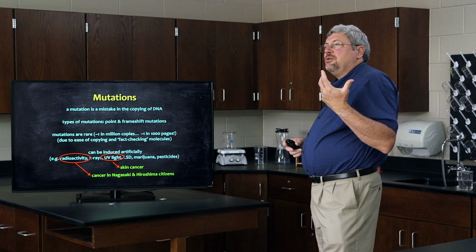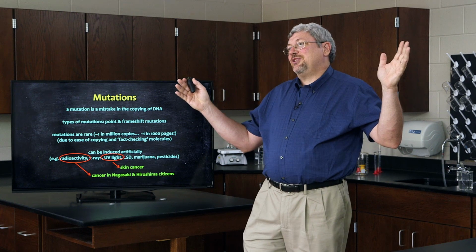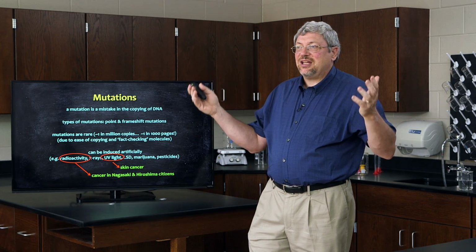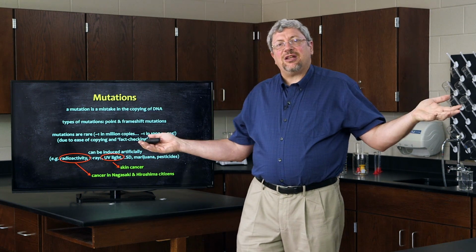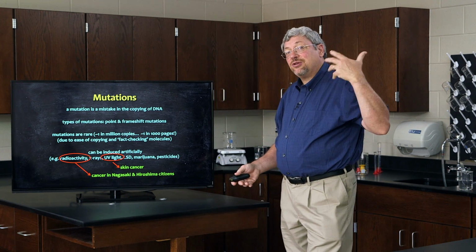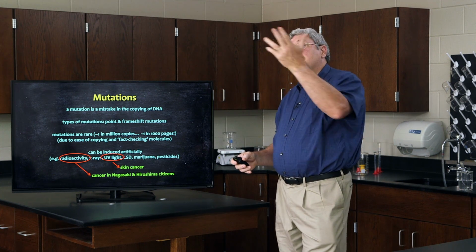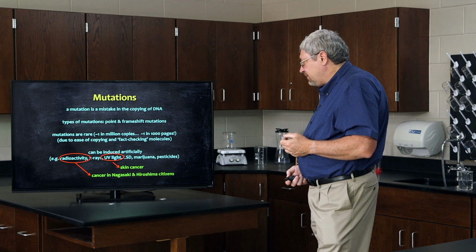Likewise, those who early in their life go to a tanning salon, which uses UV light to tan you, or lay out on the beach, lay out in the sun, and allow themselves to get burnt or tanned, very often mutations occur in their skin, and years later, that can actually develop into skin cancer.